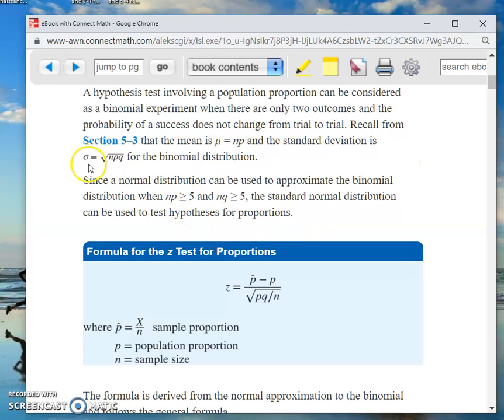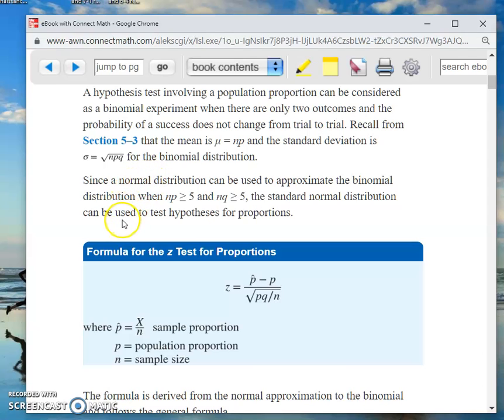The standard deviation is sigma, the square root of npq, for the binomial distribution. The typical example that we use is flipping a coin. You get a head or you get a tail. That's a binomial distribution, and you can use that as an example if you like.